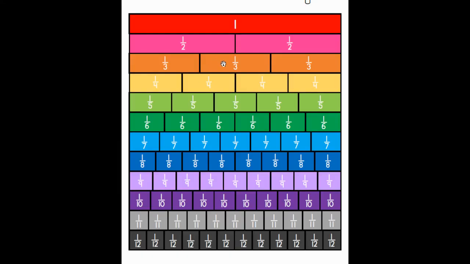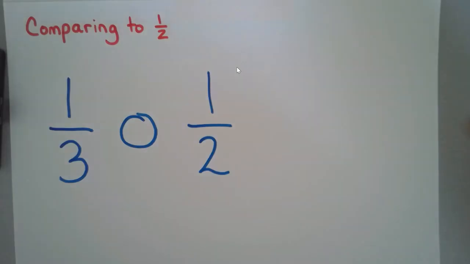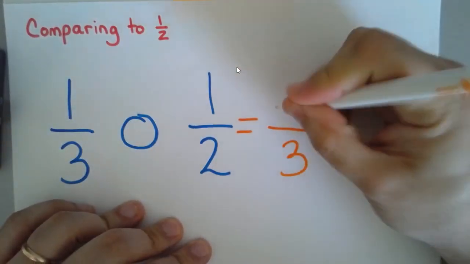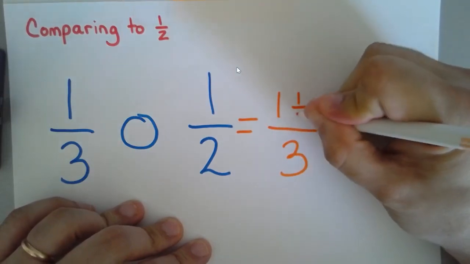So here's my 1/3 right over here. And gosh, it looks like 1/3 and a half of another third. That's almost like 1 and 1/2 thirds. So let's take a look. Let's go back here. I'm going to set my equivalent fraction to 1/2 with a denominator of 3 as almost like 1 and 1/2.